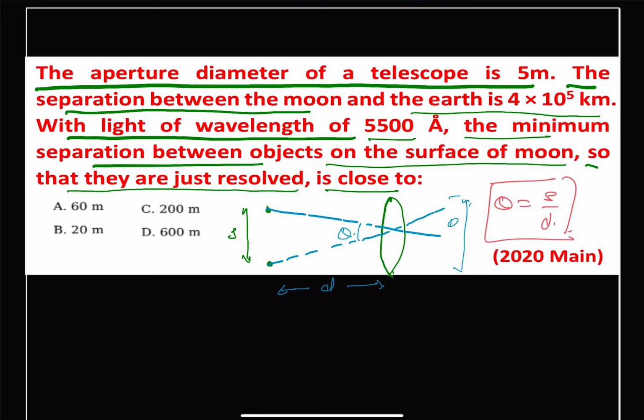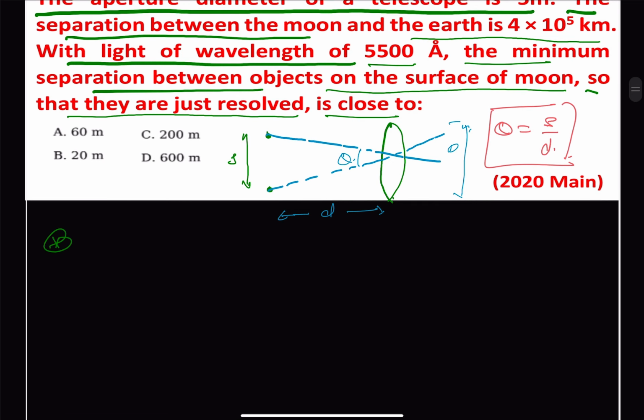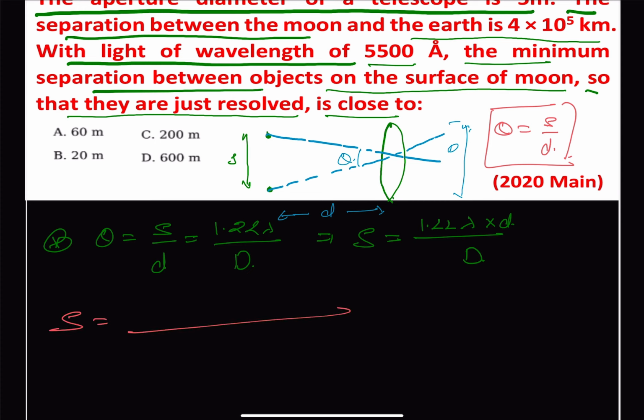We can use that theta is equal to s upon small d, and that can also be written as 1.22 lambda upon capital D. And from here we can say s will be equal to 1.22 lambda multiplied by small d divided by capital D. And we simply substitute the values: s will be equal to 1.22, lambda is 5500 angstrom, so this comes at 10 to the power minus 10.